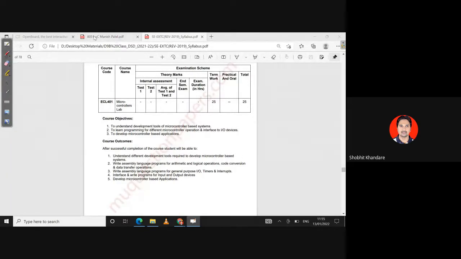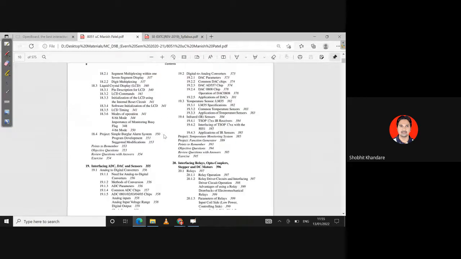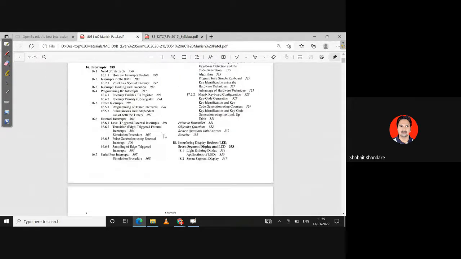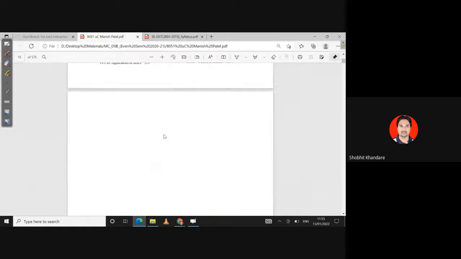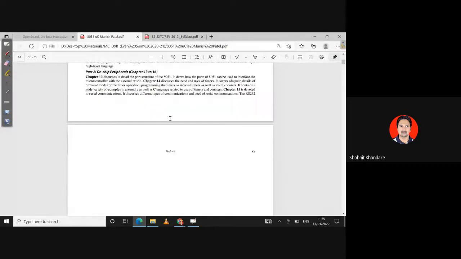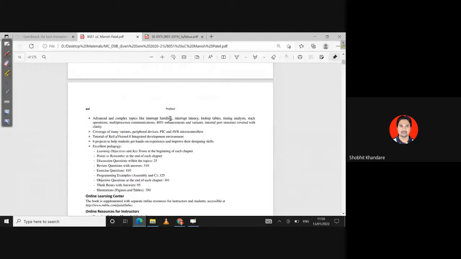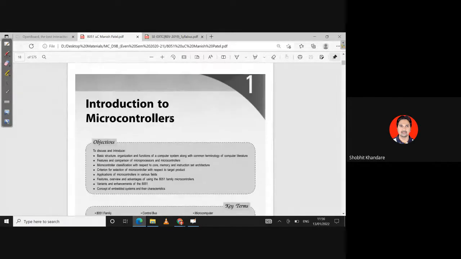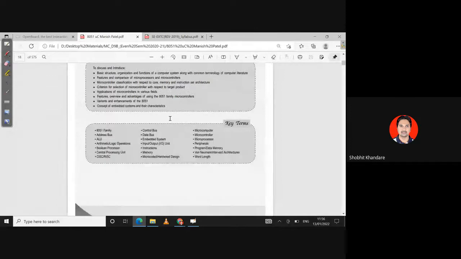Okay, so it's 55, so I can at least start with the first module, introduction to microprocessor. उसमें हम देखेंगे, let me start directly. Introduction to microcontroller.